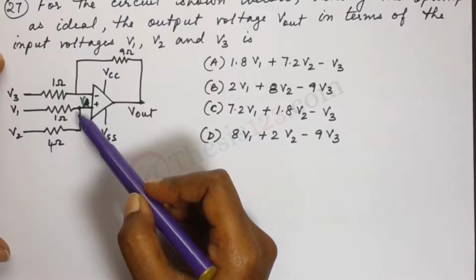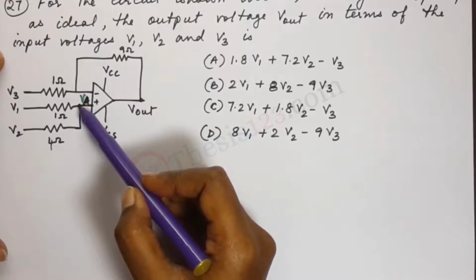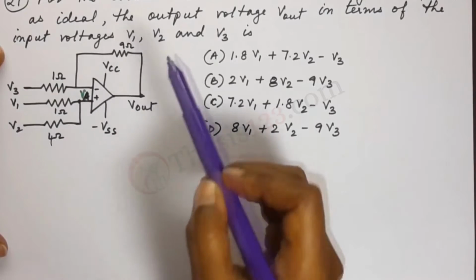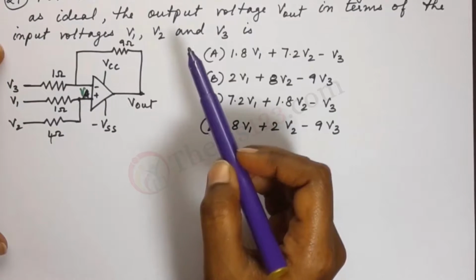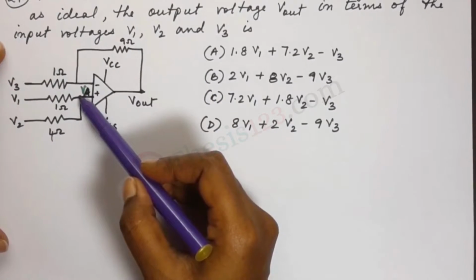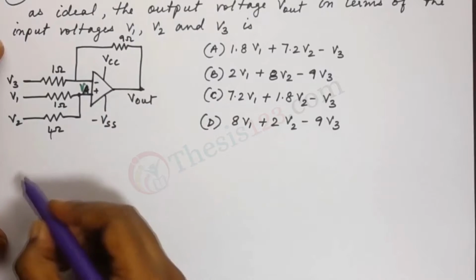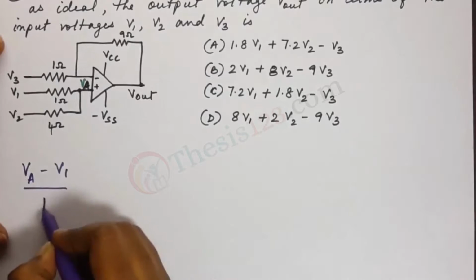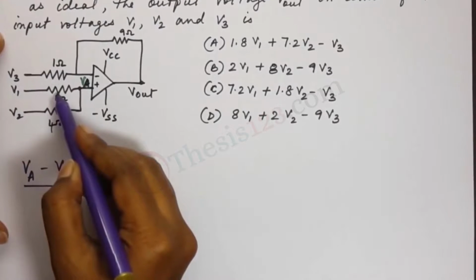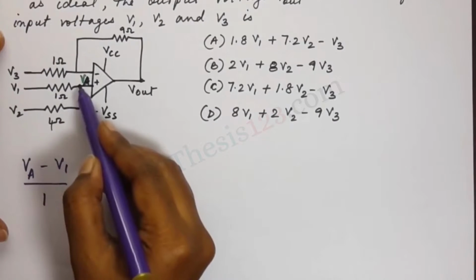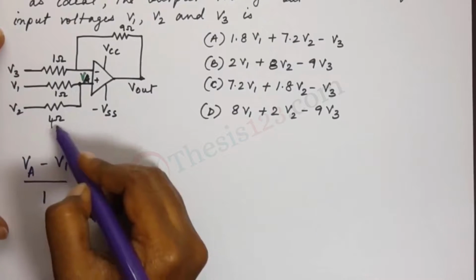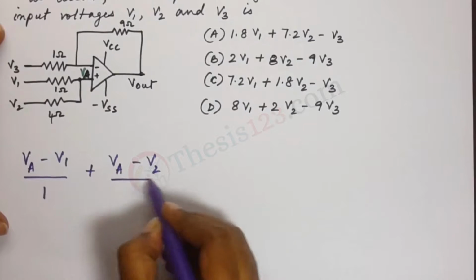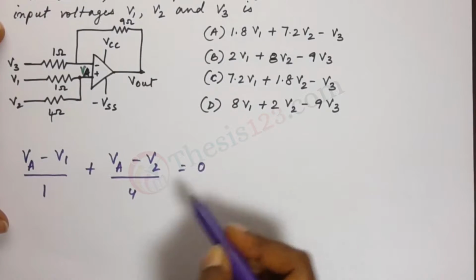So in order to write down the different equations, I have taken this point here and named it as VA. So the first thing we will do is use KCL and write down the equation at this node. So we would have (VA minus V1) by 1, that's our value, and next would be (VA minus V2) by 4 is equal to 0.